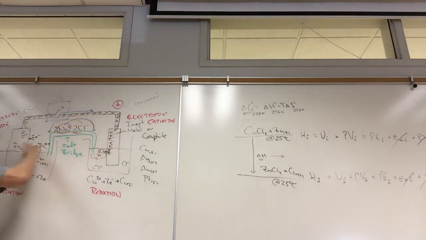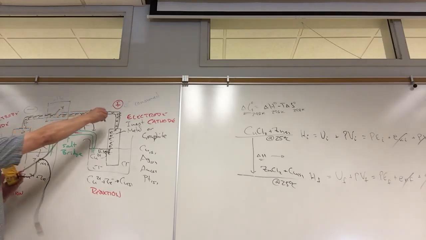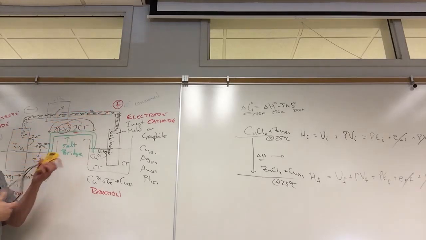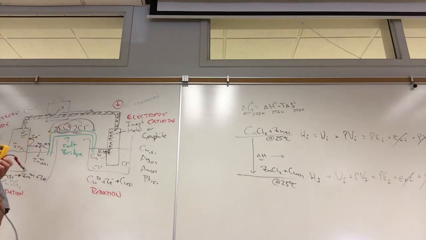So when we hook up our voltmeter, the red lead goes on the positive and the black lead goes on the negative. Otherwise, you could do it the other way, but you would get a negative voltage rather than a positive voltage. It's not a big deal. I think that's all I wanted to say for this right now.